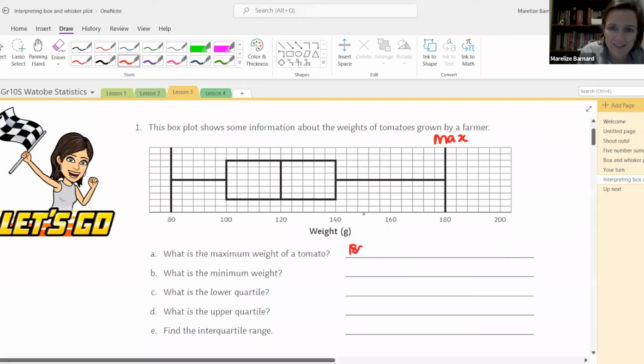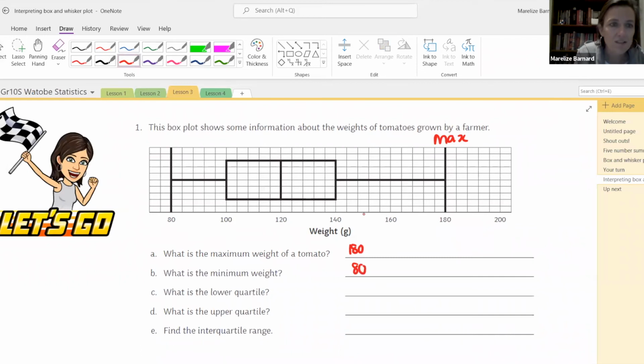Okay, so that's 180. And what is the minimum weight? 80. What is the lower quartile? Pop it in the chat. 100, yes. Okay, easy peasy. And what is the upper quartile? The upper quartile is 140.